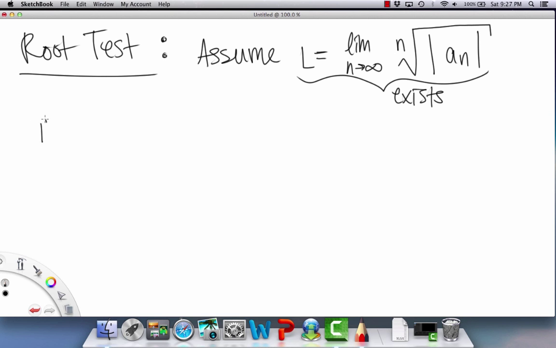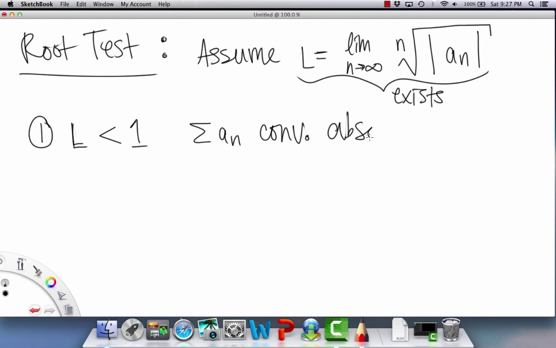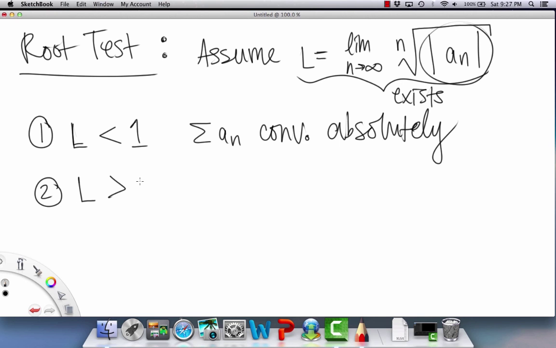And then, like the ratio test, we're going to have 3 different situations here. The first one is when L, this limit, is less than 1. Then that means that the sequence converges absolutely. And just as in the ratio test, we can tell that it's absolutely because we have this absolute value sign built into the formula. The second option is when L is greater than 1.